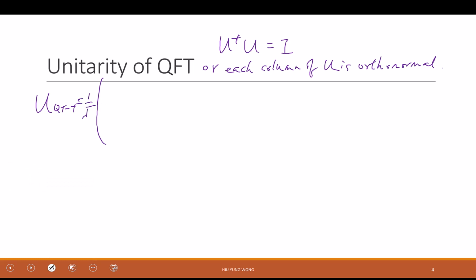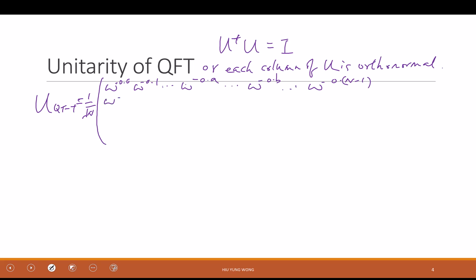It must be 1 over square root n, times omega to the 0 times 0, omega to the 0 times 1, and so on. Particularly, I want to talk about the ath column, so it becomes omega to the 0 times a, and then the bth column is omega to the 0 times b, and then you go all the way to the last column, which is 0 times n minus 1.